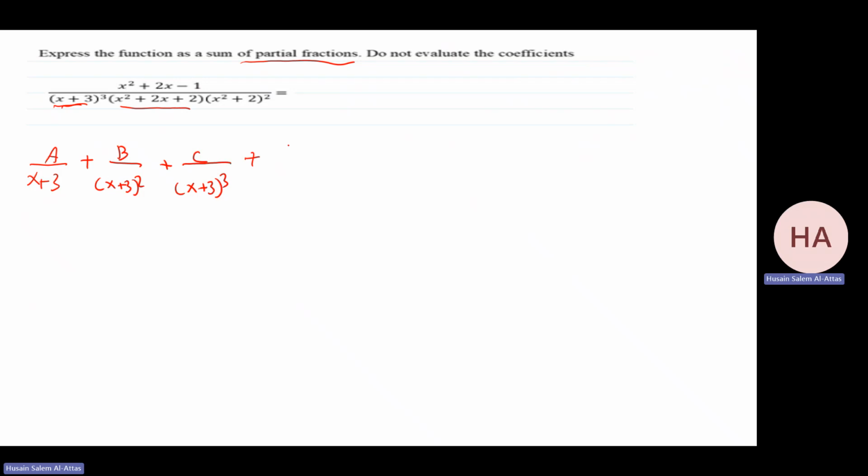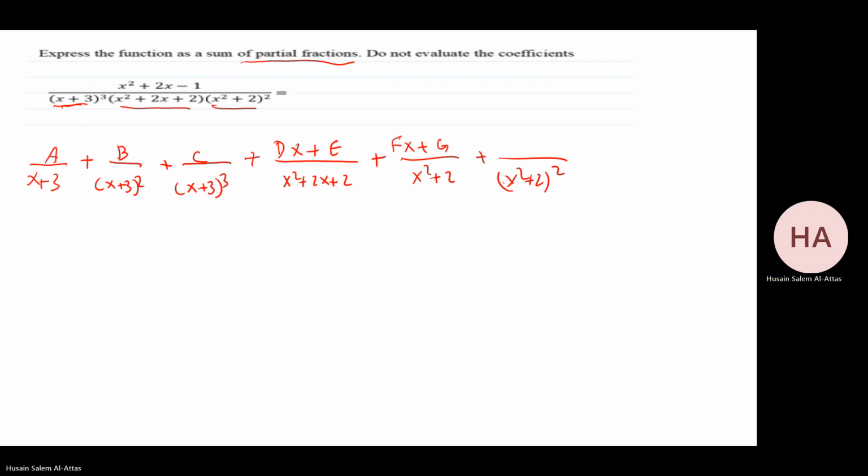So I have plus dx plus e over this. And this is quadratic, repeated 2 times. So I have x squared plus 2 and x squared plus 2 all squared, both with letters: fx plus g, and hx plus i. That will be the answer.